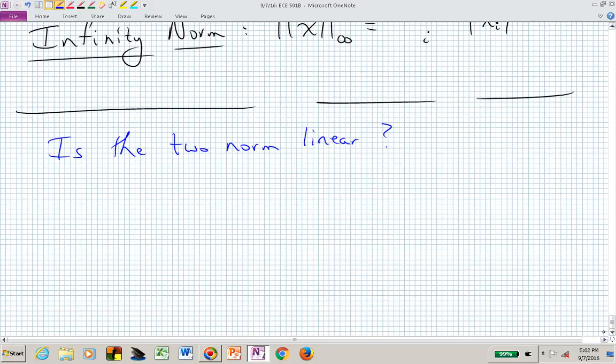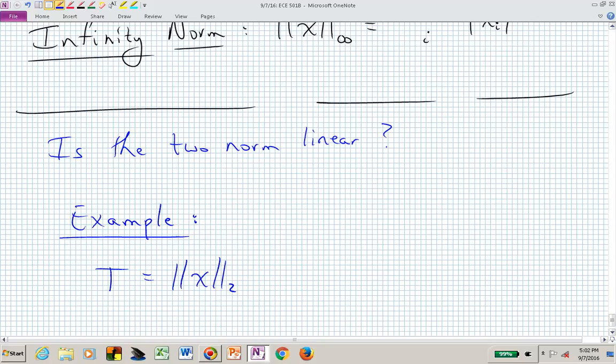But what about the 2 norm? Is the 2 norm linear? Let's look at an example. We can do this mapping.